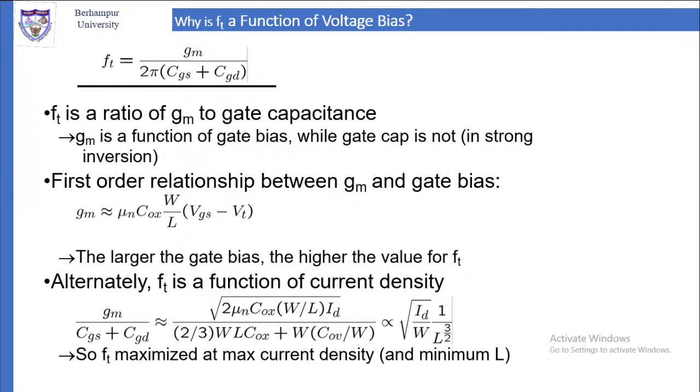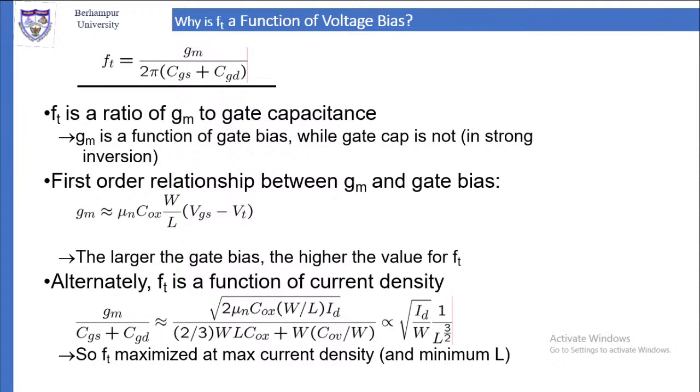Now on Gm. Gm is a function of gate bias, while gate capacitance is not a function of gate bias, particularly when there is a strong inversion in the region.